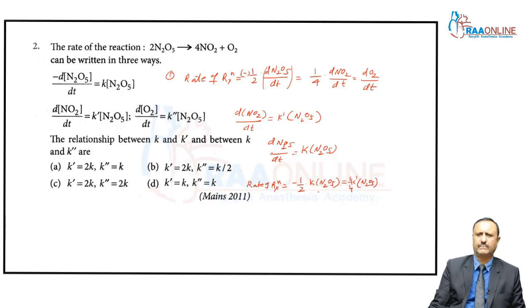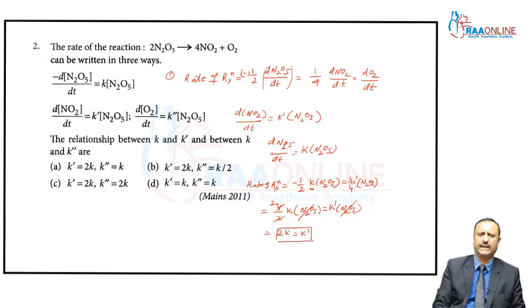So when we give the relationship between K and K dash, this 4 by 2 K[N2O5] equals K dash [N2O5]. If you cancel the concentration, and this 2 divided by this 4, you get 2K equal to K dash. Now we can derive K dash is equal to 2K.